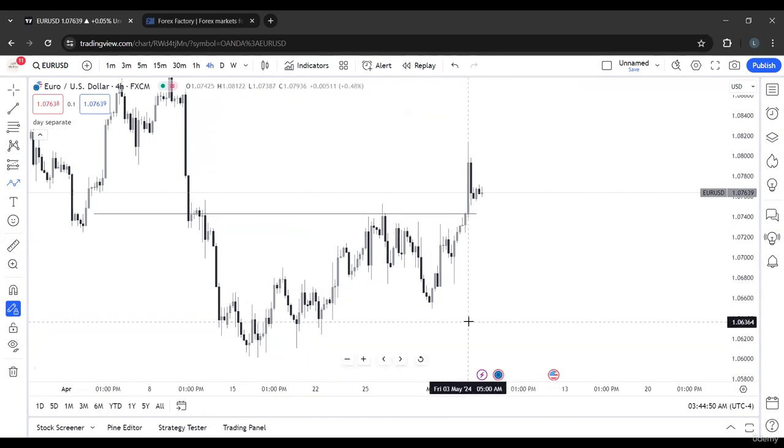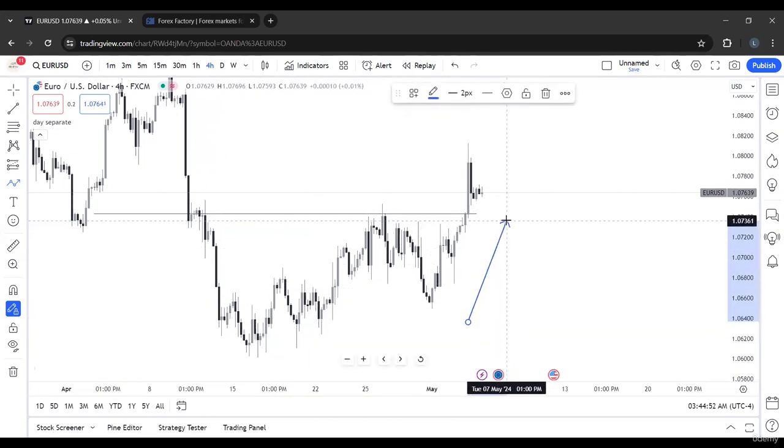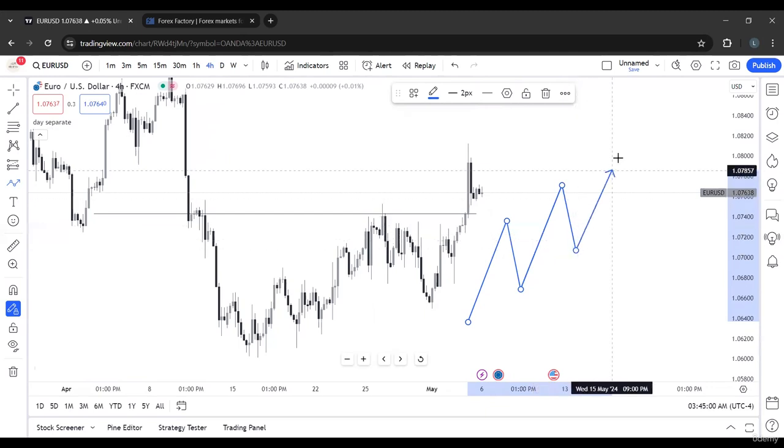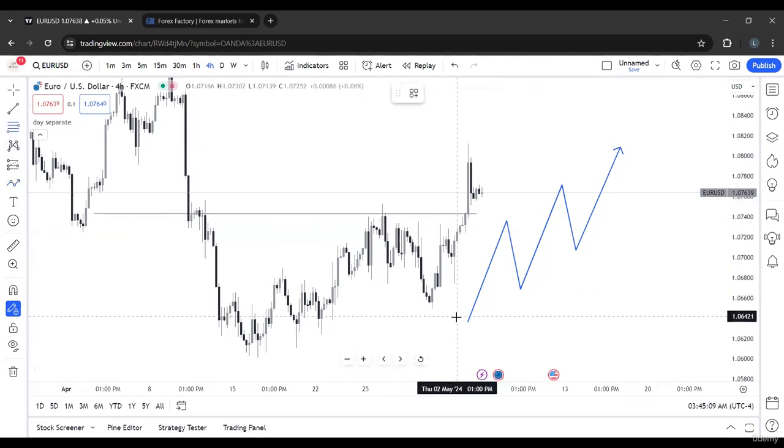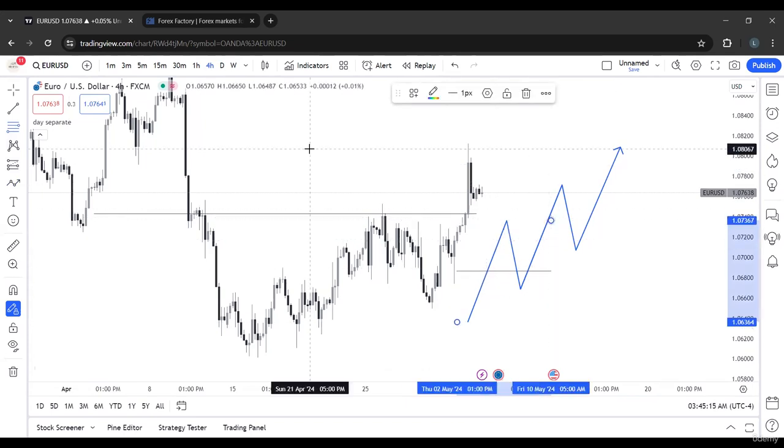When price does this and you have a push, there's a pullback, and you have another push, there'll be a pullback, and you have another push, there'll be a pullback. So that's essentially how price sort of trends.